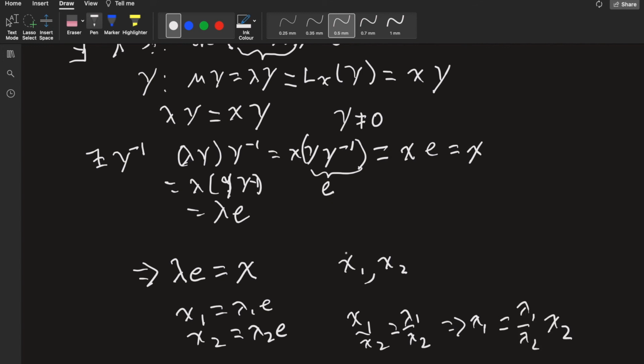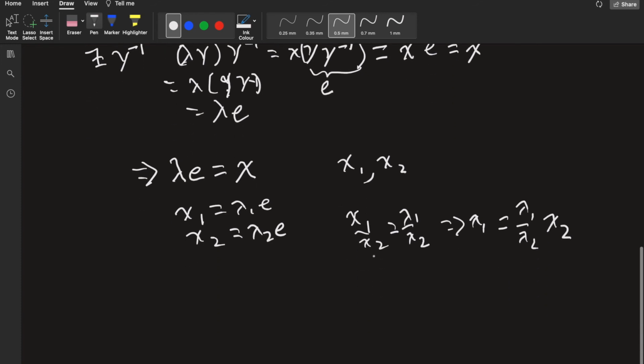So they're not linearly independent, right? That shows that our vector space has to be one-dimensional because it's the only dimension where this relationship holds true for all vectors in our vector space. So the conclusion is A is one-dimensional.